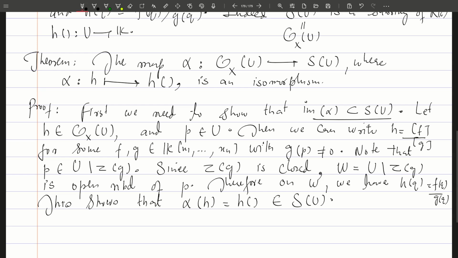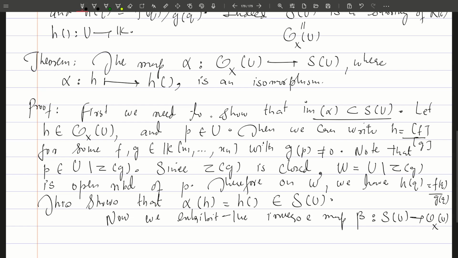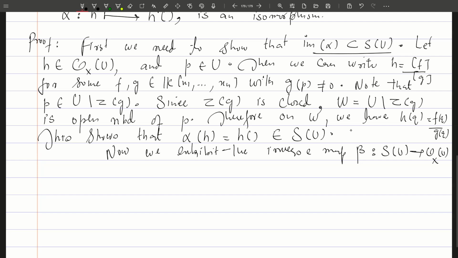Now we exhibit the inverse map beta from S of U to the ring of regular functions of U. So we have to exhibit this inverse of alpha.